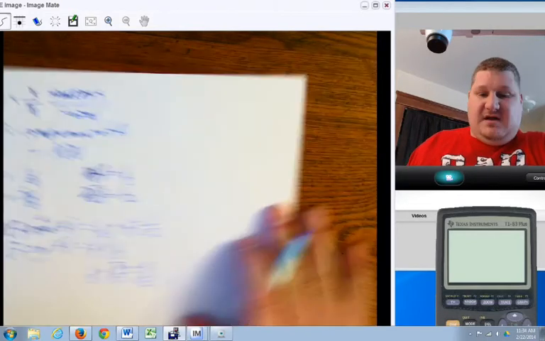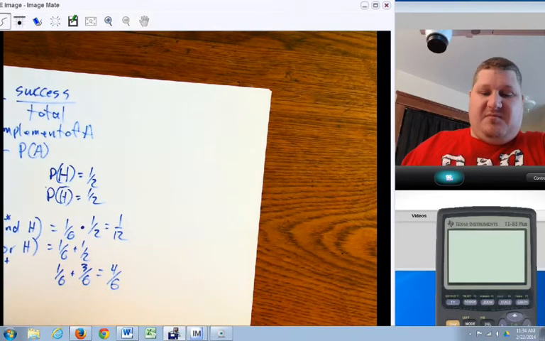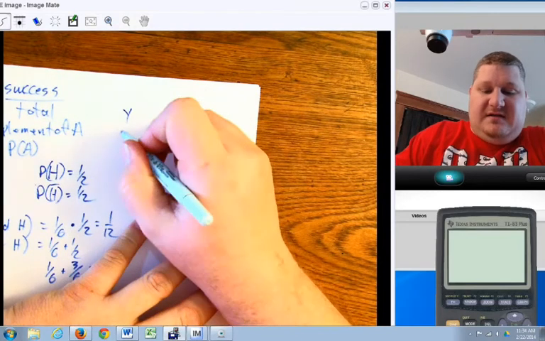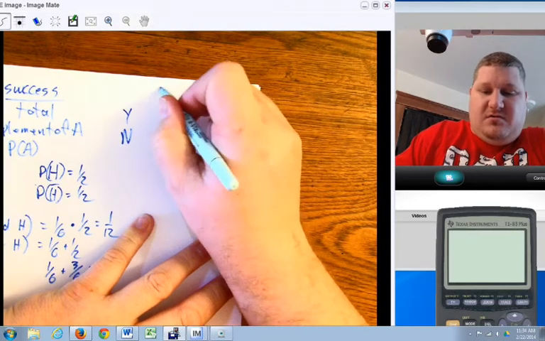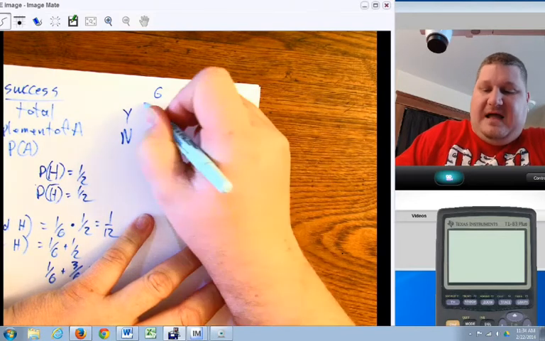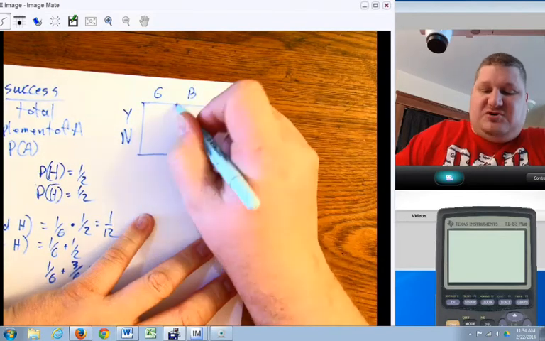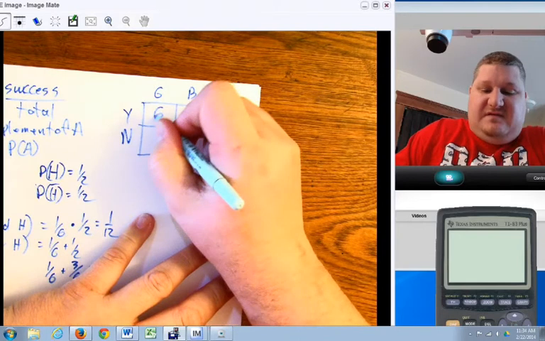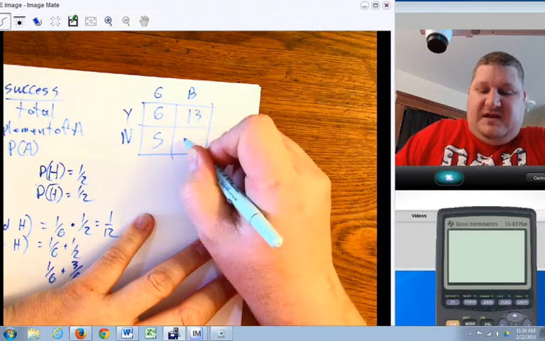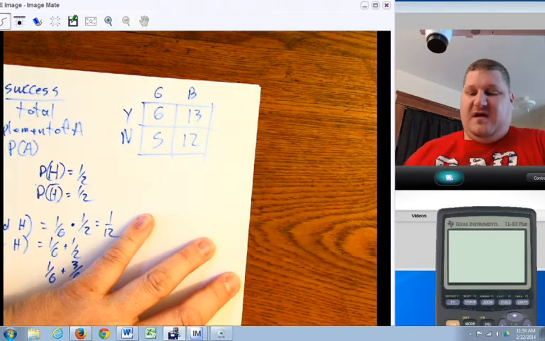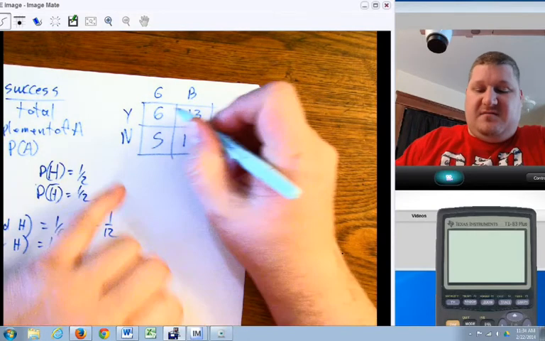Now, again, we could have a different type of probability. Yes, no, green, black. If I have a chart something like this, 6, 5, 13, 12, somewhere in that ballpark. Now, of course, I could find my totals here.